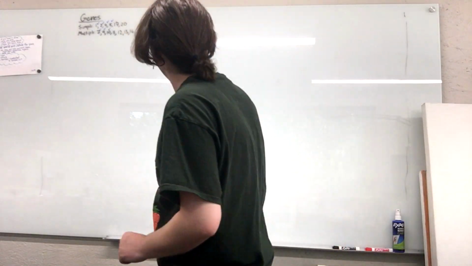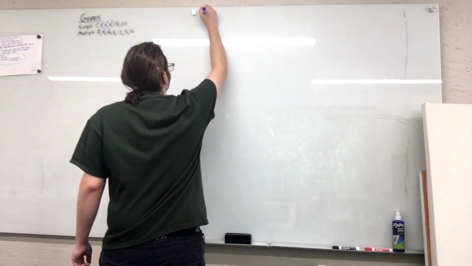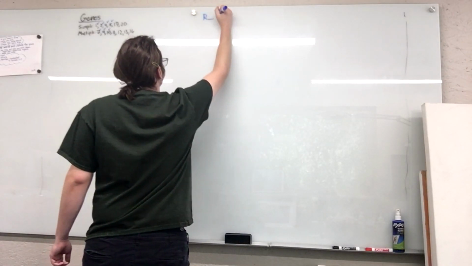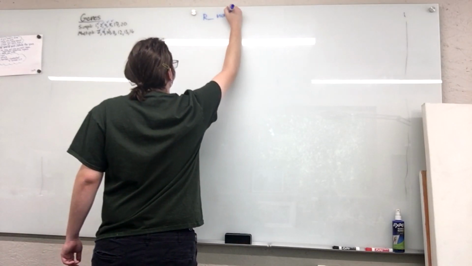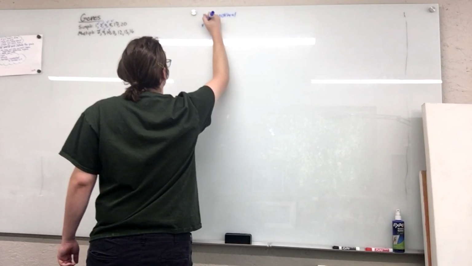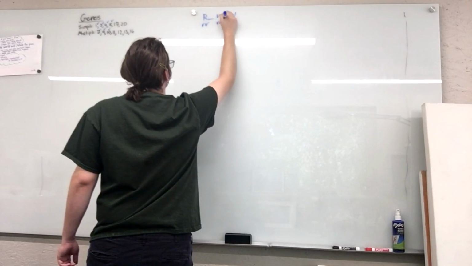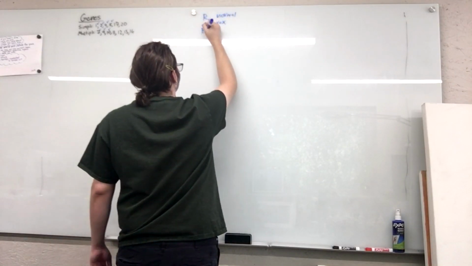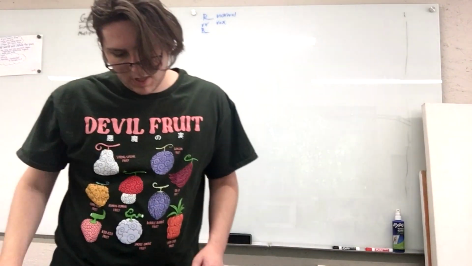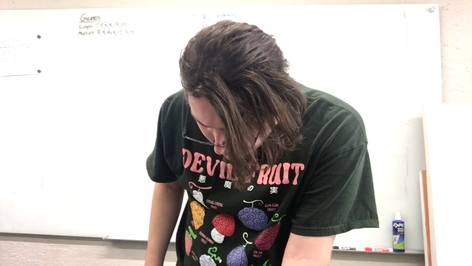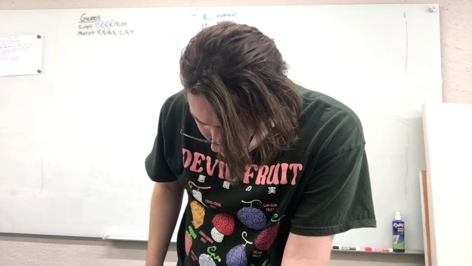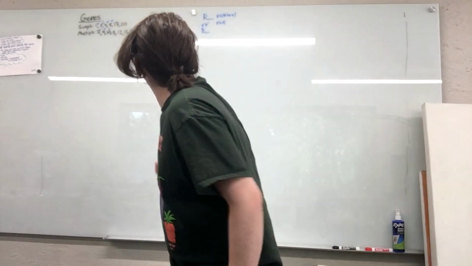So we have black and brown. Big B is black, recessive is brown.